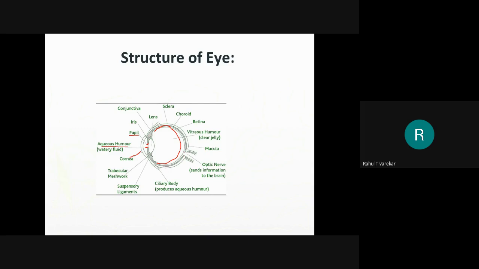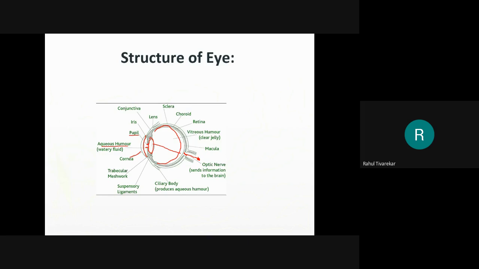and on this side, from this point, the stimulus will be carried towards the brain through the nerves. It's like an electronic equipment having a lens placed here. This small structure works like a lens. From the lens, the light is incident on this part.